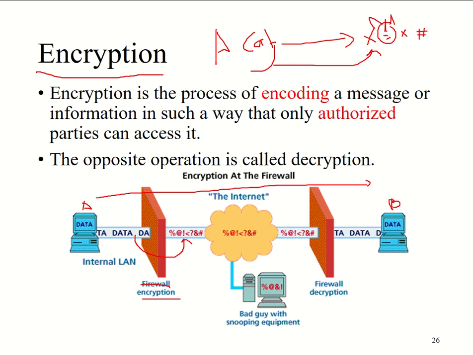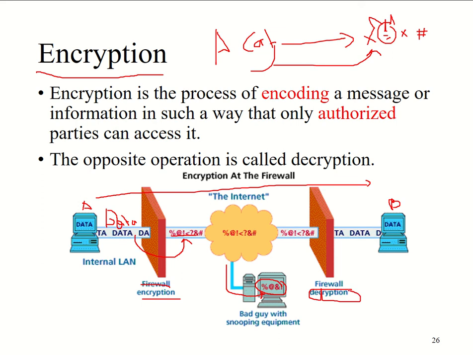Now you can understand this. This is data, a very simple word. Okay, this is data. If you look at this, can you read it? It is not data. It's just symbols, and doesn't mean anything. So if someone on the internet tries to get this information, even if he gets it, he will not be able to know the content of the message, because it is encrypted. Now, when it comes to computer B, they have decryption.